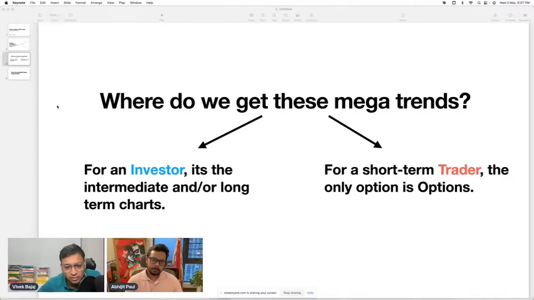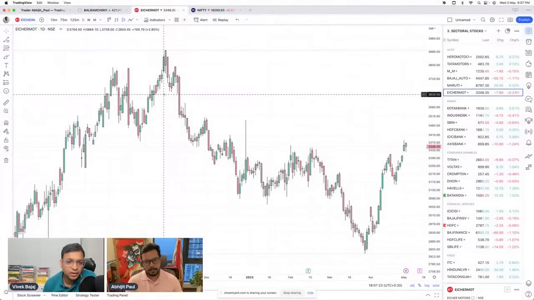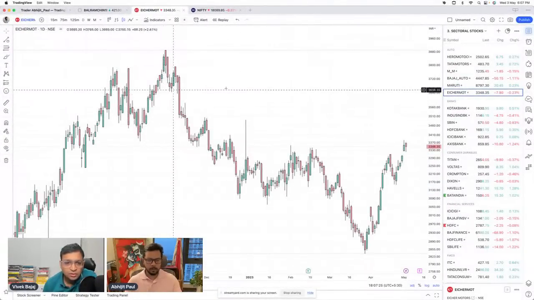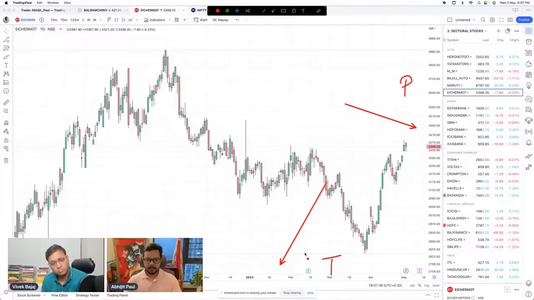Why not? See, technical analysis is the study of price movement. Price movement is defined in two dimensions: price on one axis, time on the other. The biggest strength of a technical analyst is that he or she can play with time.